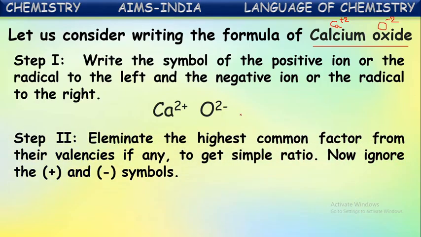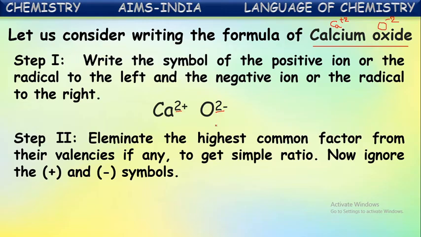Then step 2: eliminate the highest common factor from their valences, if any, to get the simple ratio. Here their valences are 2 and 2. We can eliminate the common factor 2 from both to get the simple ratio 1 and 1. After getting the simple ratio, we ignore the positive and negative symbols in their charges.